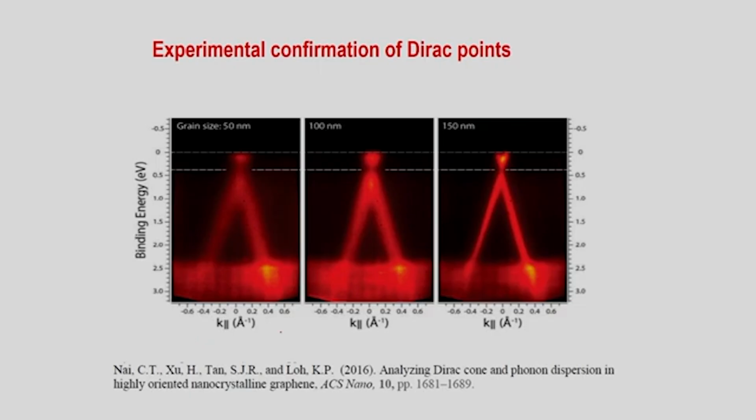And this is plotted as a function of the planar wave vector, the kx ky wave vector, given as k parallel, and you see this Dirac like dispersion very apparent here, linear dispersions at or near the Fermi level, and this is taken from this paper. There are many other confirmations of the Dirac spectrum.